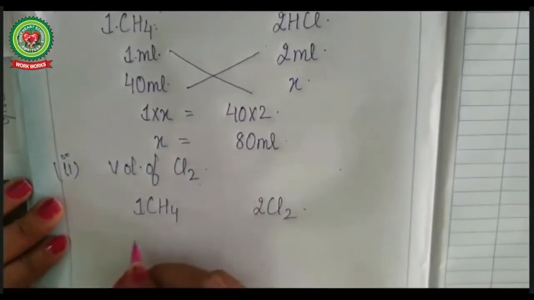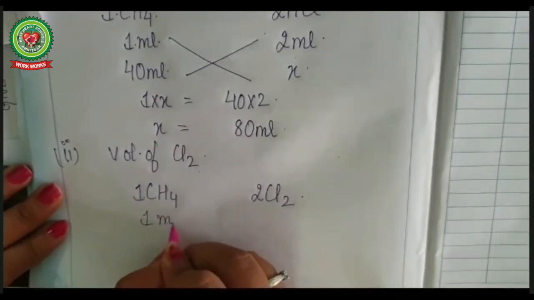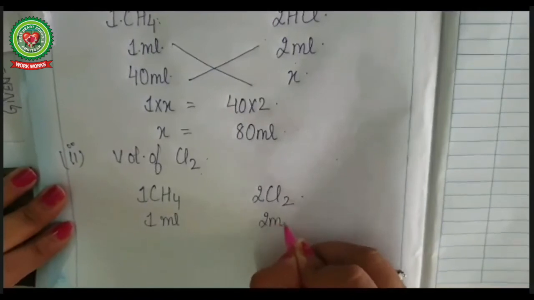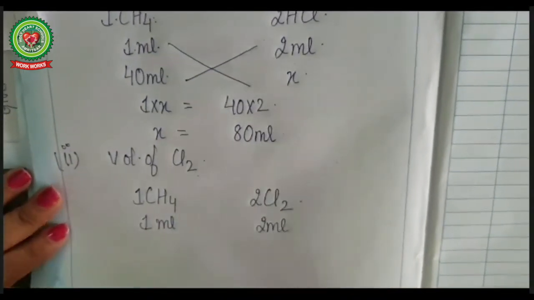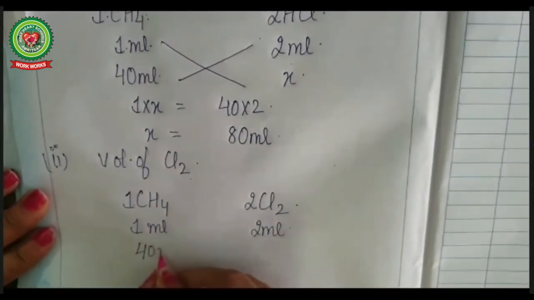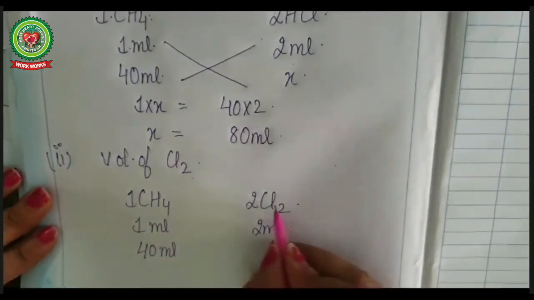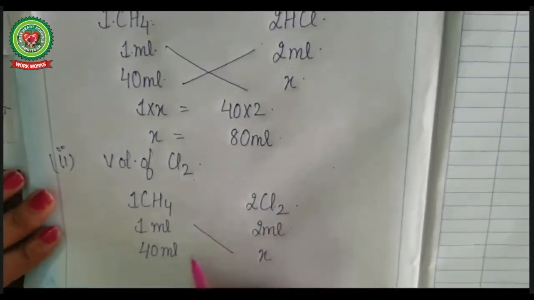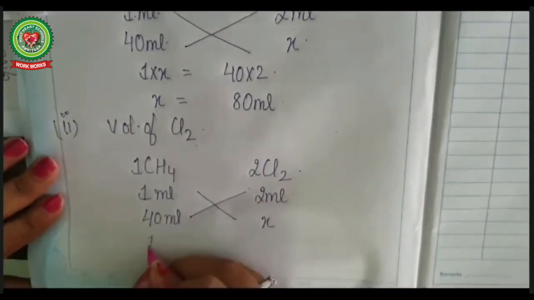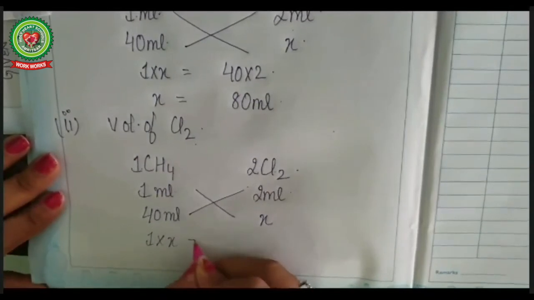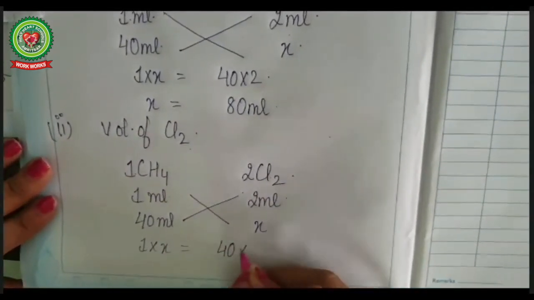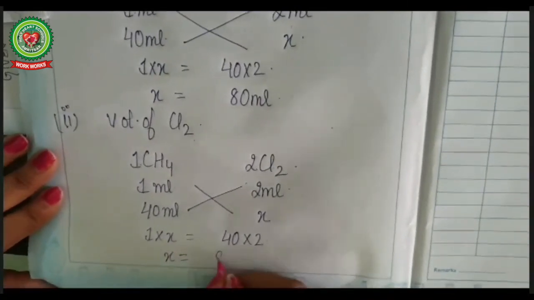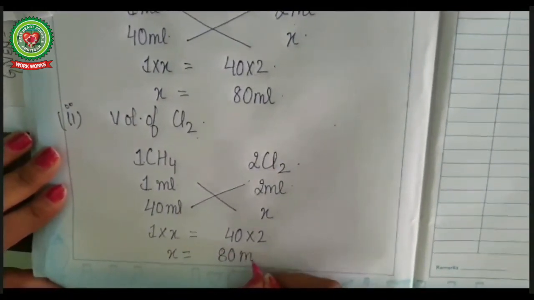So volume 1 ml of CH4 requires 2 ml of Cl2. So 40 ml, we had to calculate the value of Cl2. So it will be X. So on doing cross multiplication, 1 into X equal to 40 into 2. So your X will be equal to 80 ml.